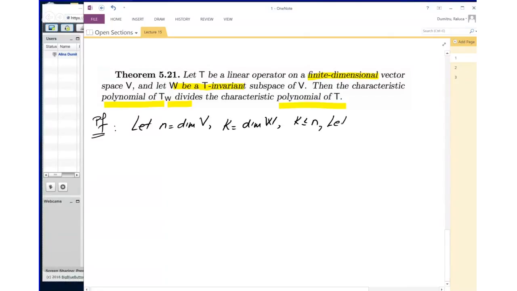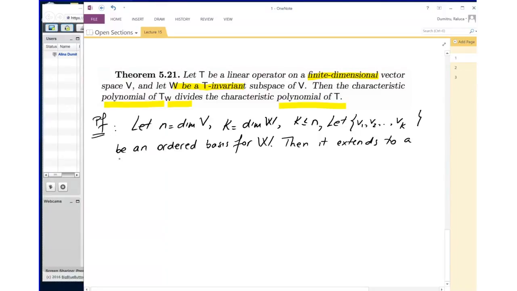And let's say that the following is a basis for W. In particular, that set is a linearly independent set of V. Therefore, it's going to extend to a basis for V: V1, V2, Vk, and then we'll add n minus k more vectors. Let's call this beta.